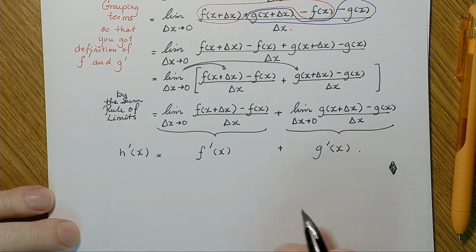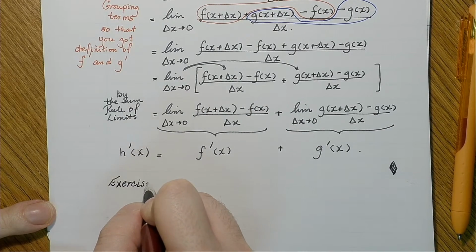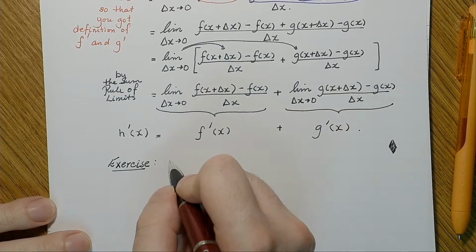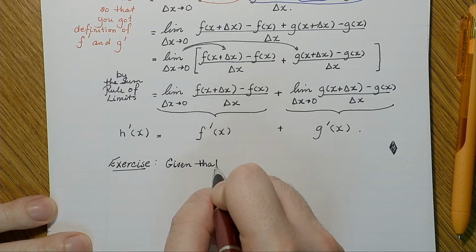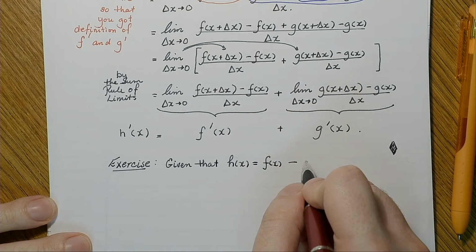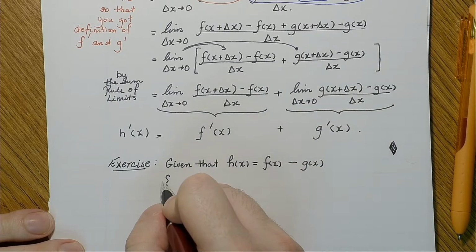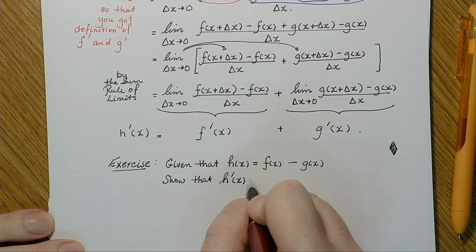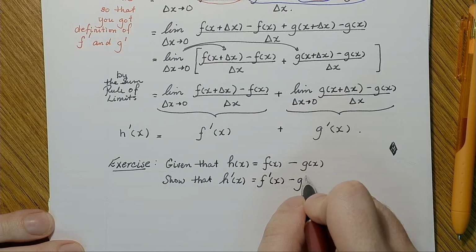So maybe as an exercise, if you really want to understand that, just following this outline of the proof, given that h of x equals f of x minus g of x, show that the derivative is f prime minus g prime.